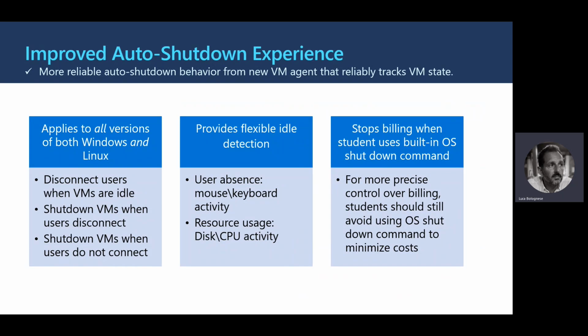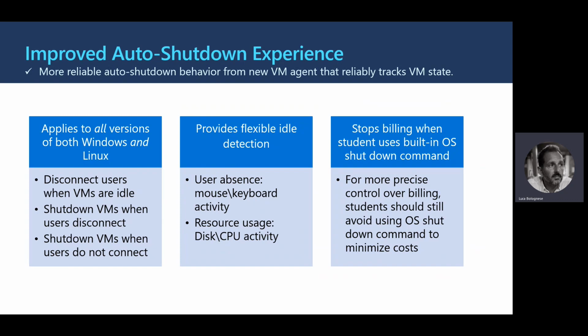For the auto shutdown experience, we have now integrated our own agent inside the VM, so that we have more control over the shutdown experience. First of all, it works for both Windows and Linux because the agent works in both cases, and that was not the case before.